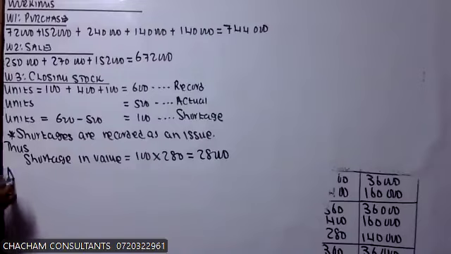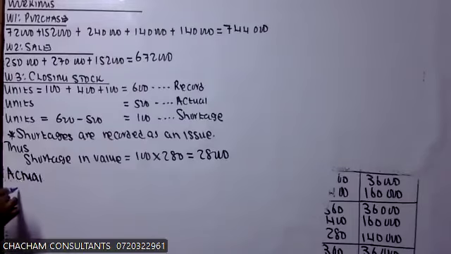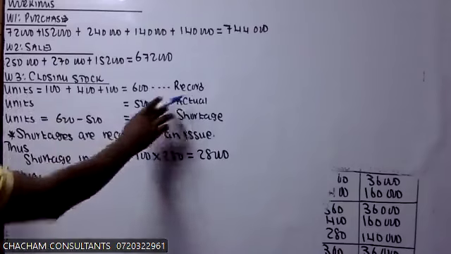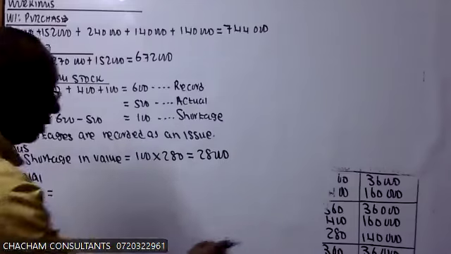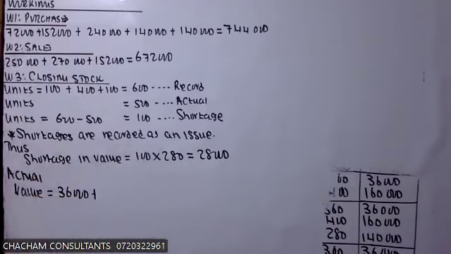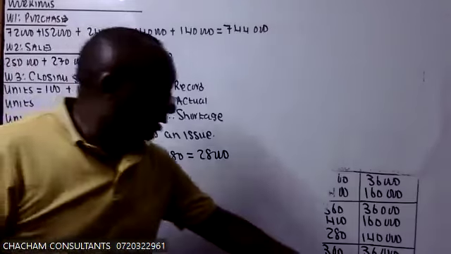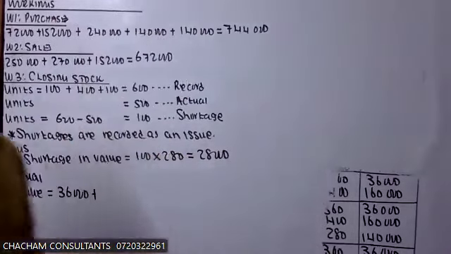So the actual units are now that one. So the actual value now is this 36,000 that we had here, then this 160,000.